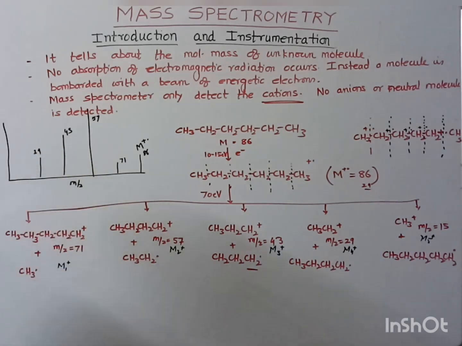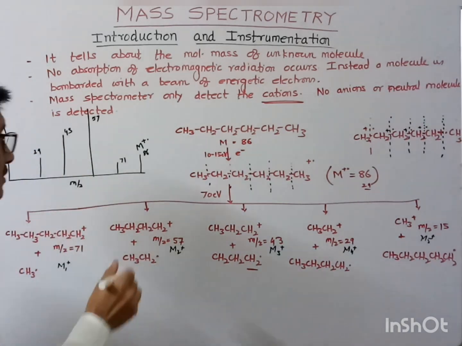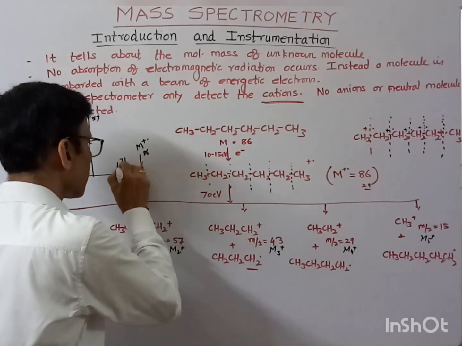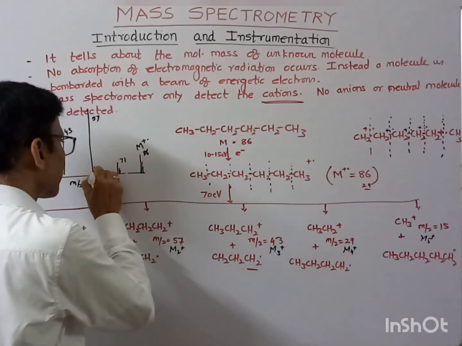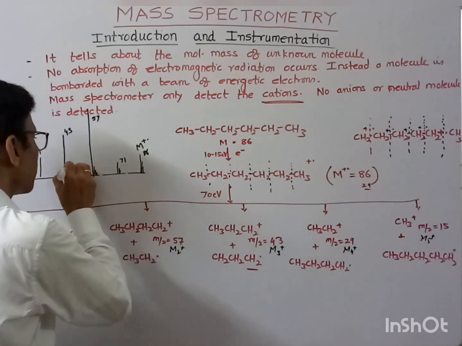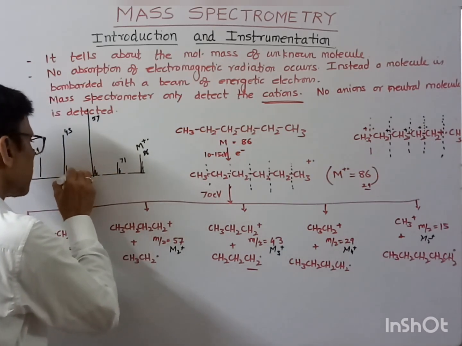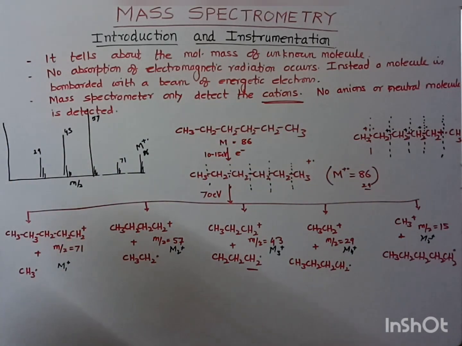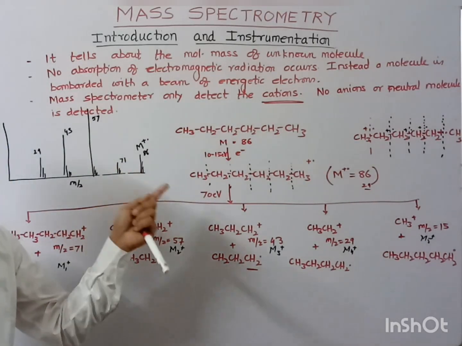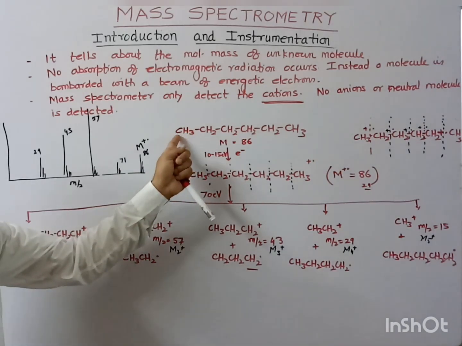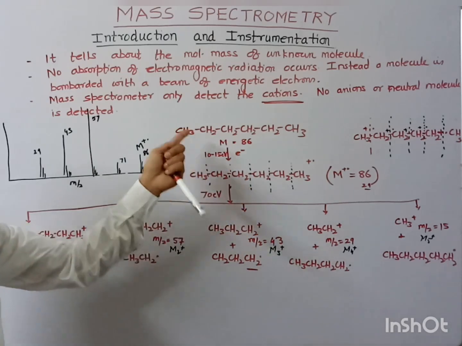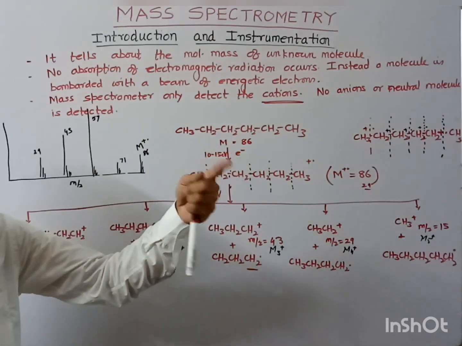So such type of radical, and many more lines may be present to the right of this. If you see, more lines may be present, and these lines are due to the isotopes. This may be due to the various isotopes of carbon, because this carbon may have some isotope like carbon-13, and hydrogen may have some isotope, deuterium.